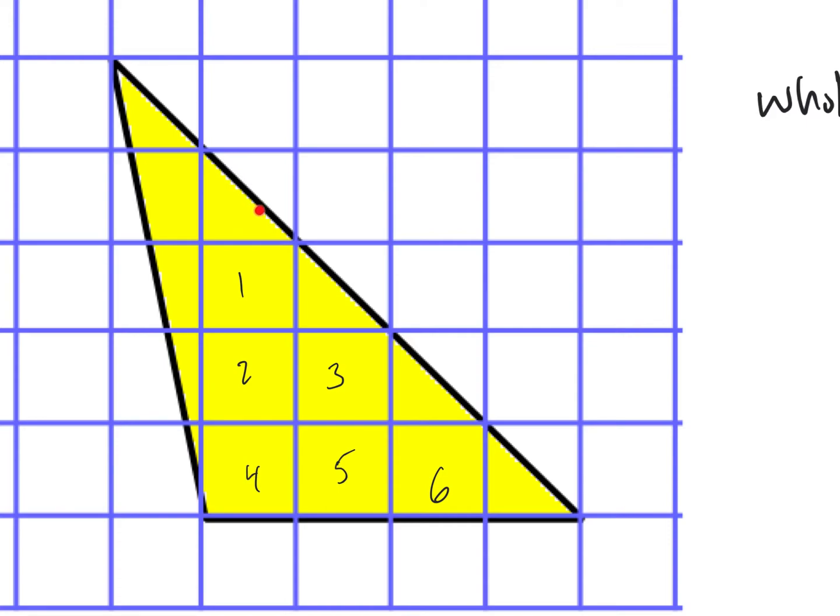Now, what else do we got? Well, let me put a wee check mark just to show we've used these, because now what we're left with is this stuff over here. And we have to basically try to figure out how many triangles or full grid squares this is going to be.